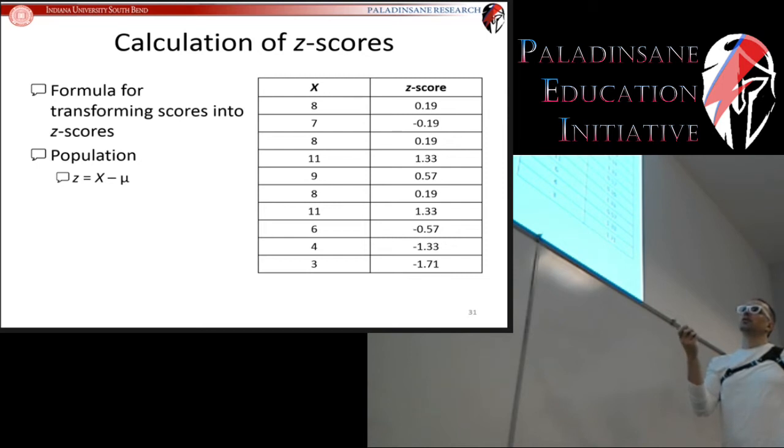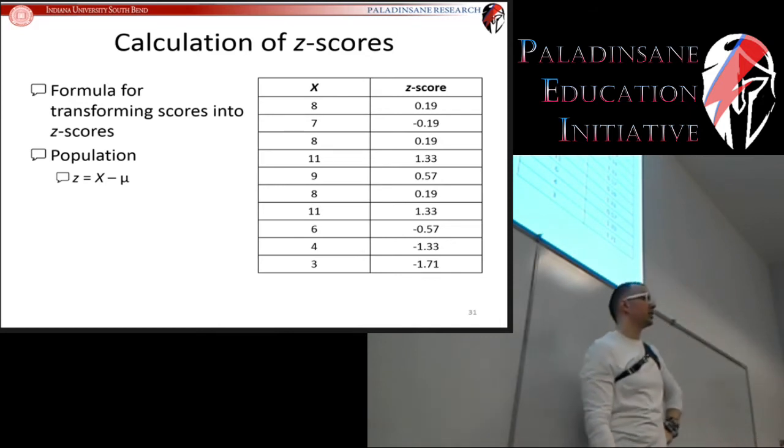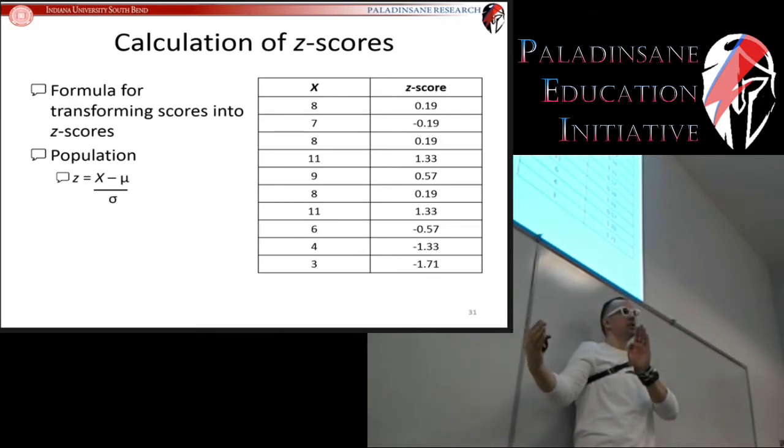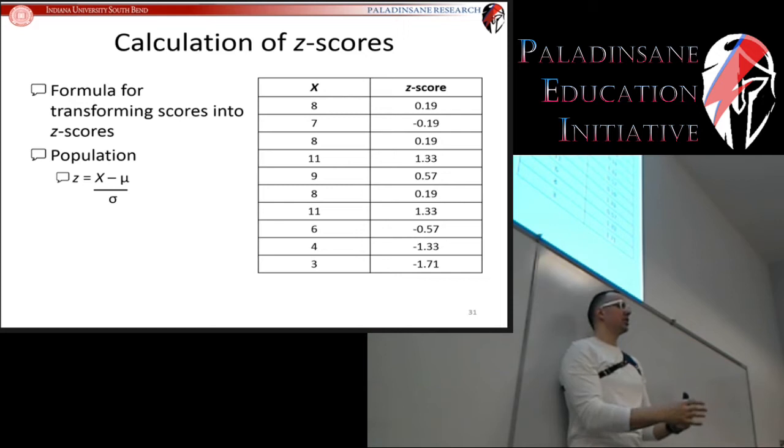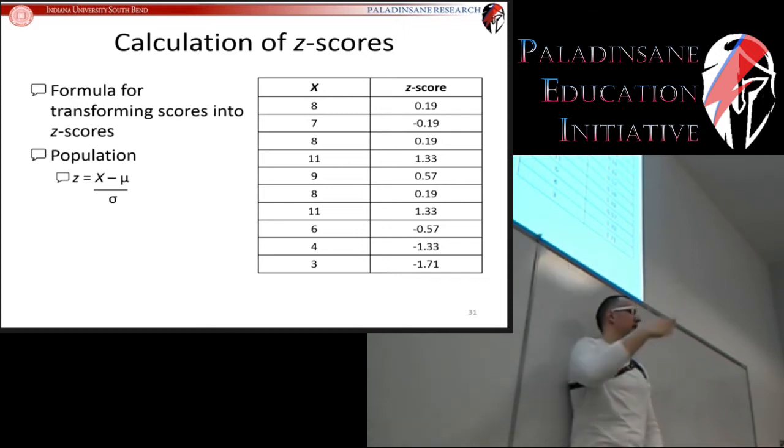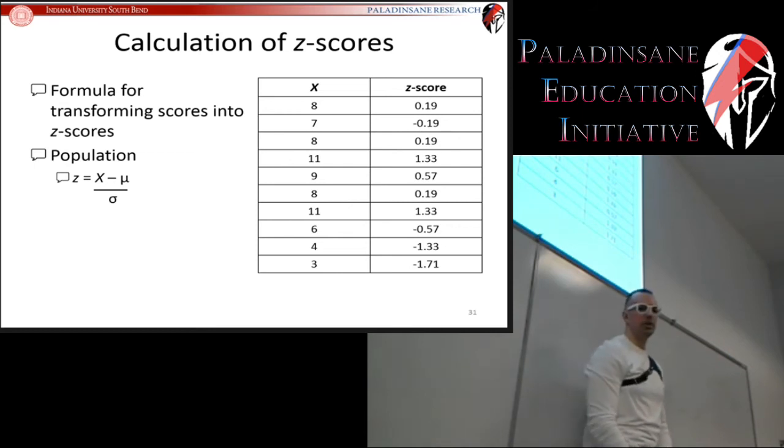That's how far away the raw score is from the mean. And then what a z-score does to finish its calculation is it standardizes this by dividing it by the standard deviation. So you have your deviation, you divide it by your standard deviation, and that gives you the number of steps in deviations. That's what makes a z-score so incredibly useful.